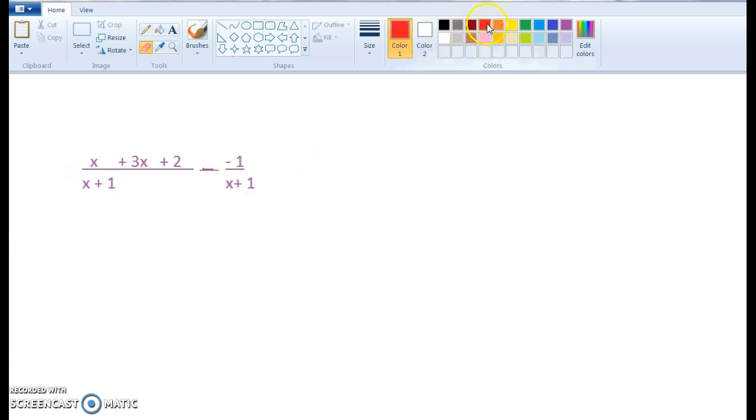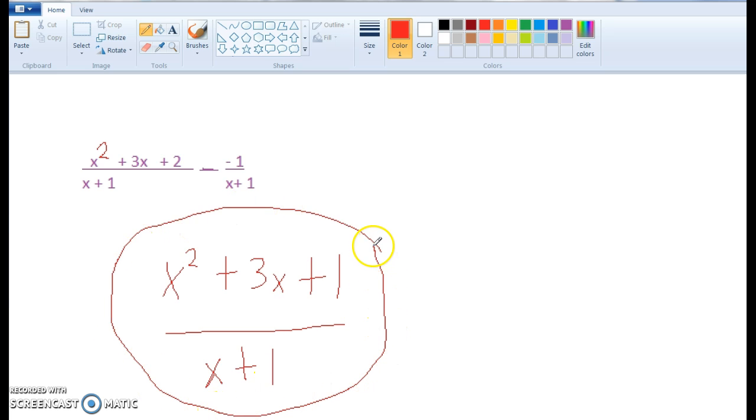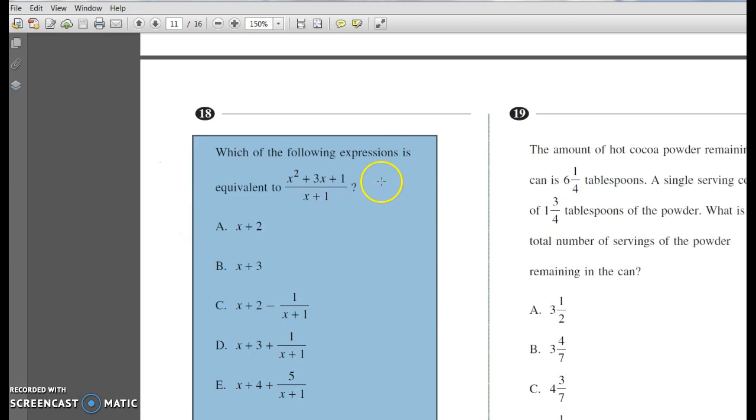When I do that, oh, this is supposed to be an x squared. Sorry, I forgot to write my 2 in after I typed. So when I do this, I'm going to end up with x squared plus 3x plus 2 minus 1 gives me a plus 1, and all of this is over x plus 1. This was the original problem that I was given right here.